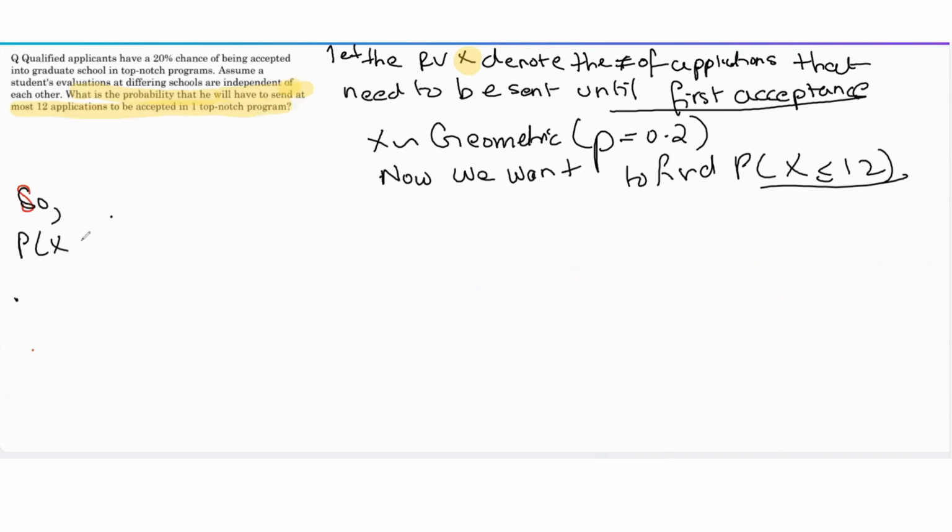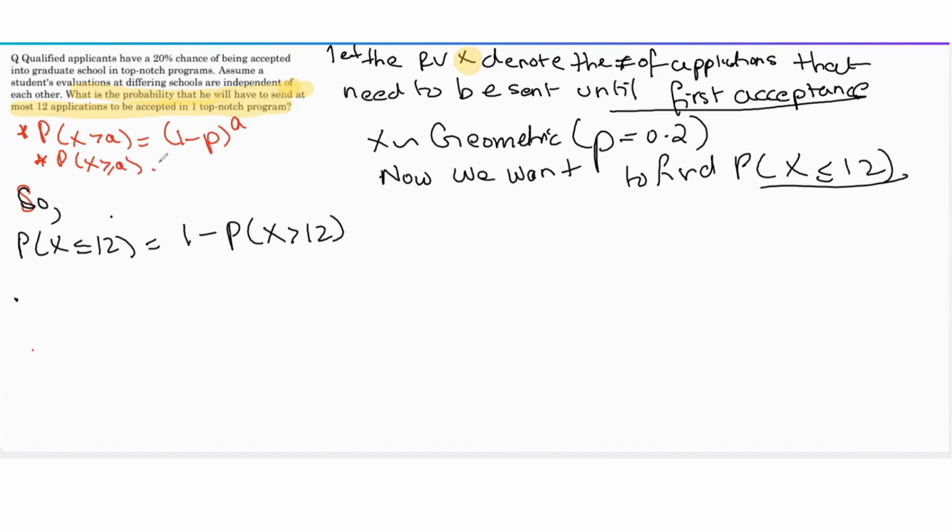So the probability X is less than or equal to 12 can be written as 1 minus the probability X is greater than 12, because we just noted that the probability X is greater than a is (1-p)^a, and the probability X is greater than or equal to a is (1-p)^(a-1).